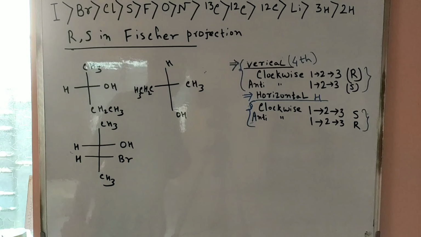So this center we call R. One important thing: the configuration of the first carbon atom was S, and in this structure it is R, so S changes to R, and the other S to R. So we can easily say the structures are enantiomers.